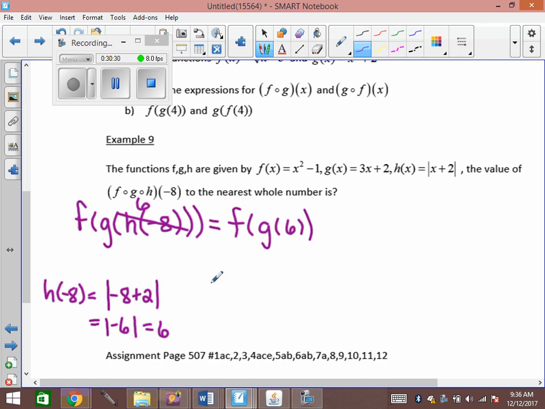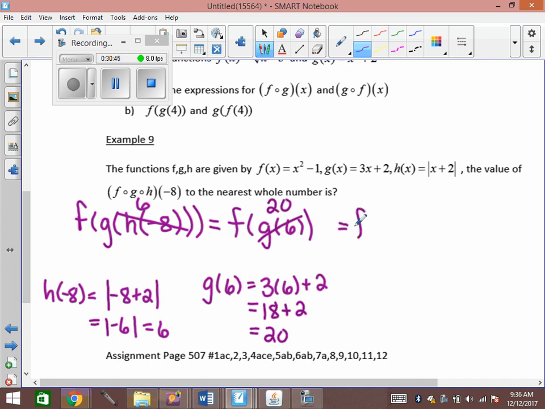So now down here, I'm going to find g of 6, which is 3 times 6 plus 2, which is 18 plus 2, which is 20. Now instead of g of 6, I have 20. So I'm finding f of 20, which is 20 squared minus 1, which is 400 minus 1, which is 399.